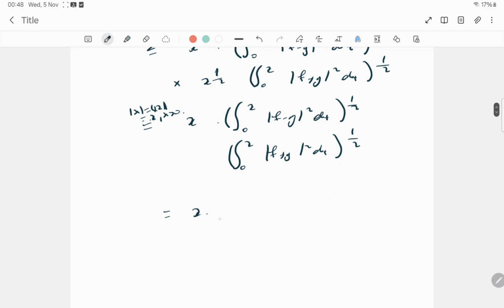So that's going to be x times the L2 norm of f minus g times the L2 norm of f plus g on 0 to x.